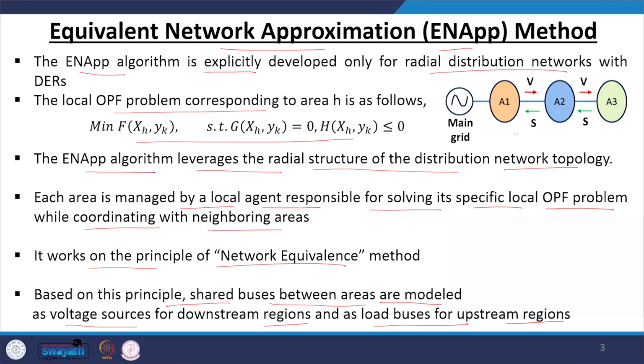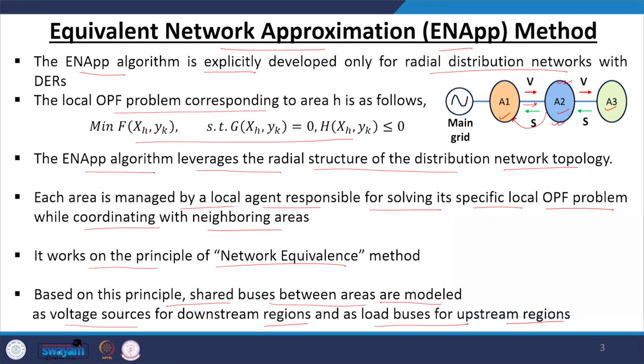Let us say you have three areas, area 1, area 2 and area 3. For area 1, area 2 is the child area, so it only needs to know how much power it has to give to area 2. That information will go from area 2 to area 1, which means area 2 will act as a load for area 1.